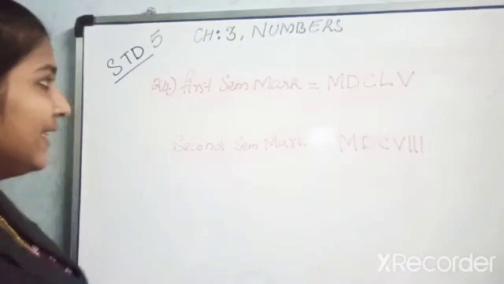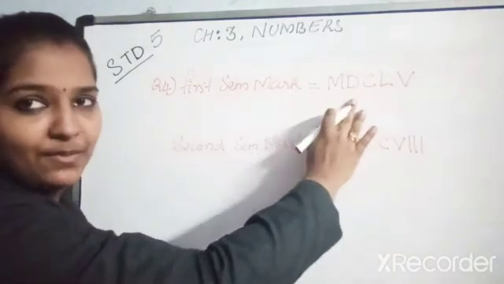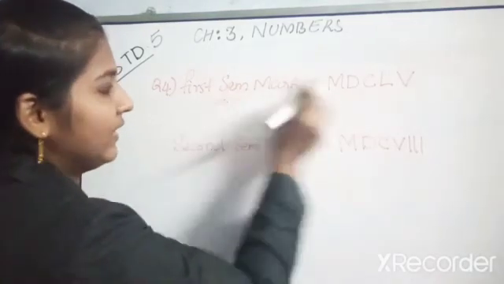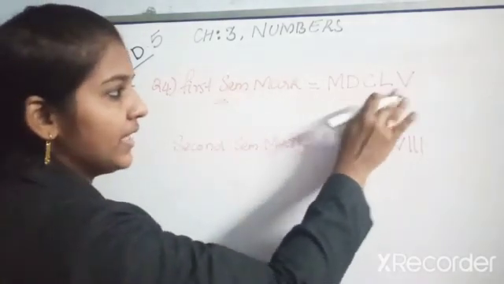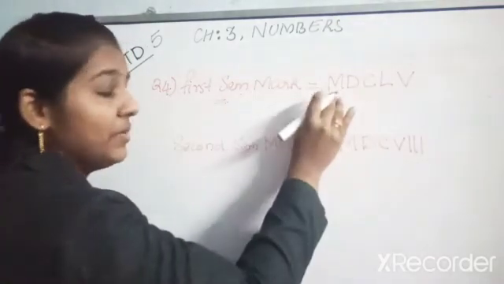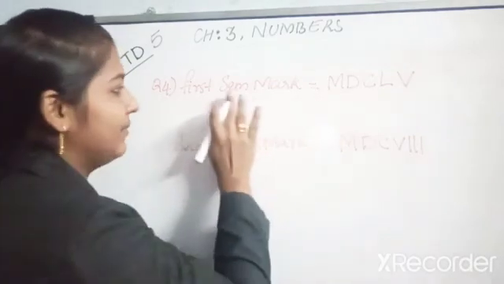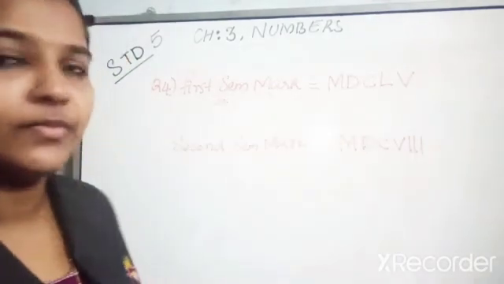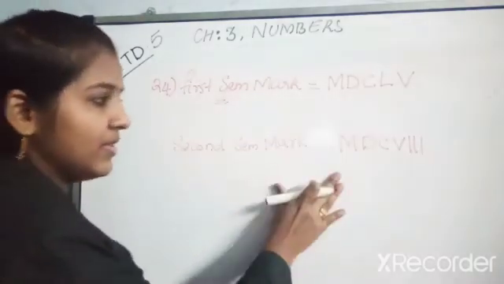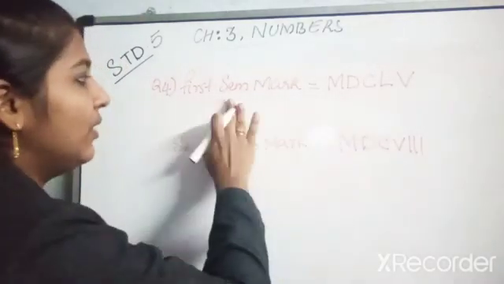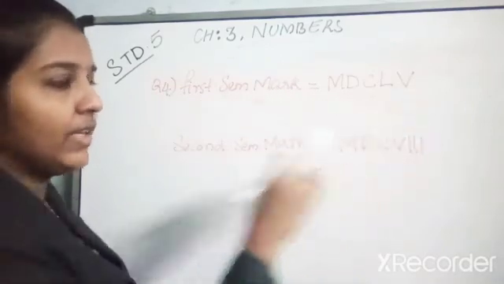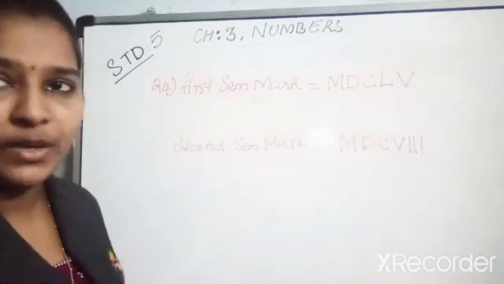So children, his first semester mark is this one and second semester mark is this one. So let's convert this. Here the first semester mark and second semester mark both are given. So look at the first one. MDCLV. M stands for 1000, isn't it?